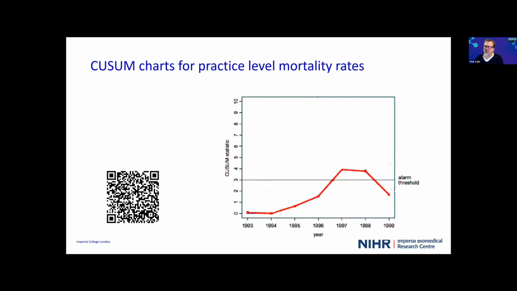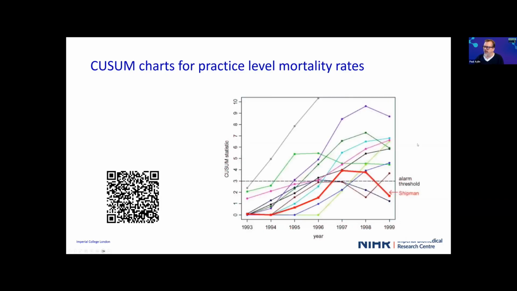We looked at 1,000 GPs. We presented our results to the inquiry panel, and much to our relief, it turns out that this method could have detected Shipman at least 2 or 3 years earlier than when he was actually caught.